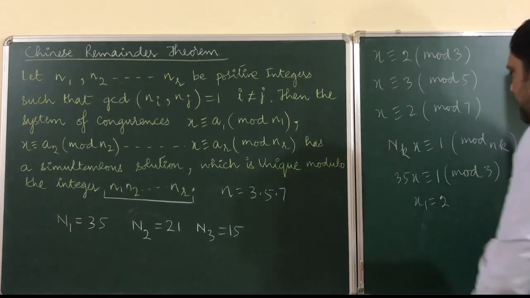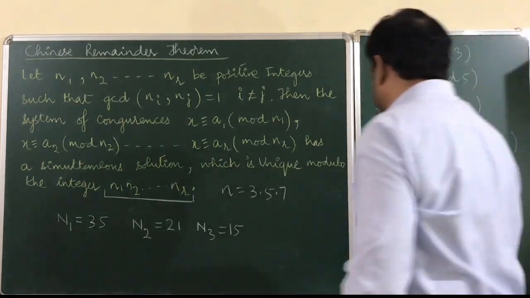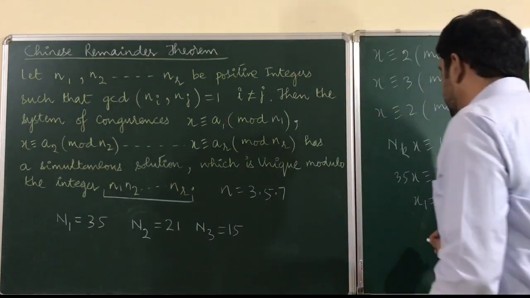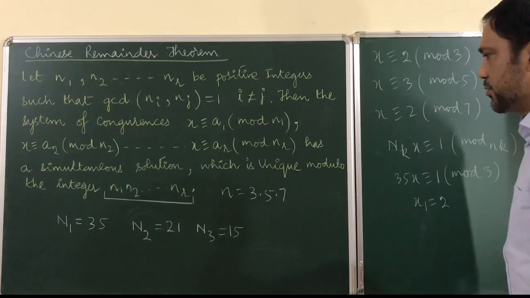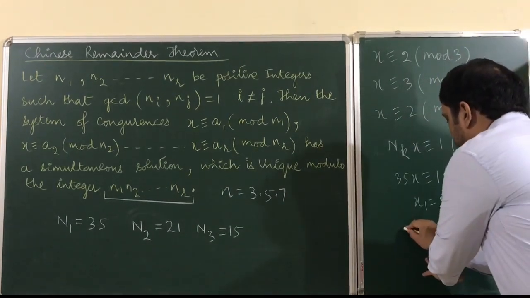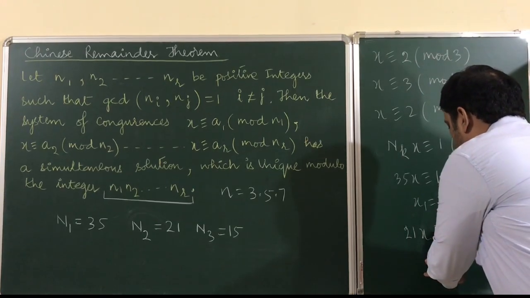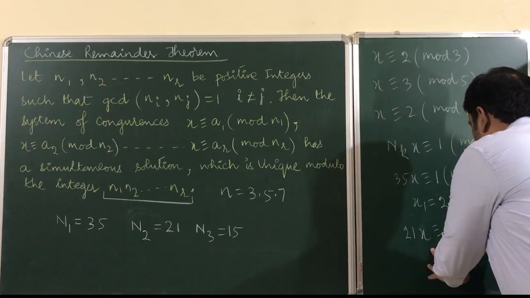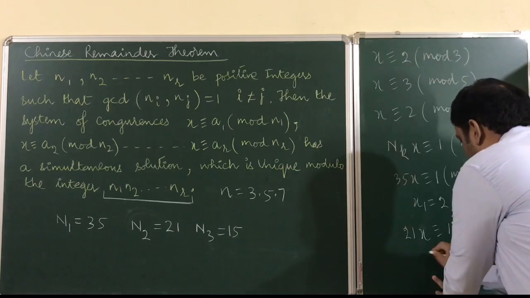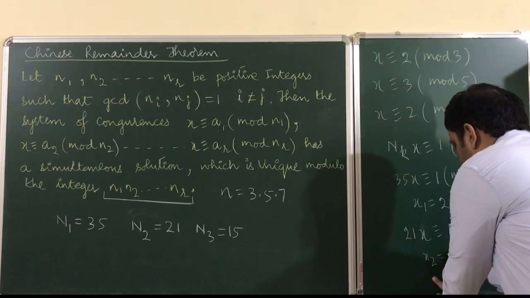For the next equation, N2 is 21, so the equation is 21x congruent 1 mod 5. So you can see x2 is equal to 1.